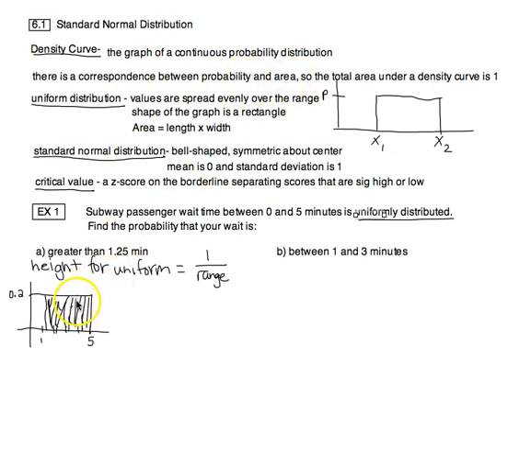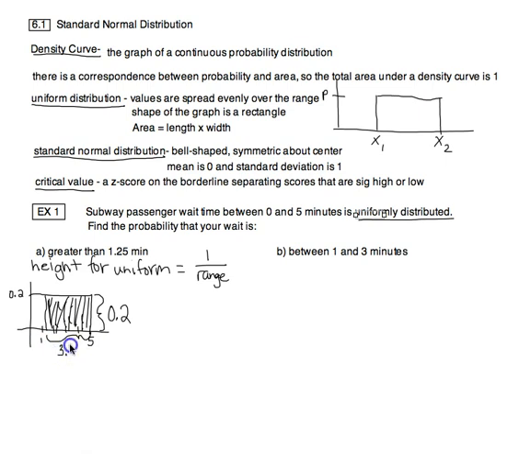So what I need to do then is to just use the area equals length times width. So probability equals length times width. So length is going to be from here to here. Width is going to be from here to here, which we can clearly see that one is 0.2. So from 1.25 to 5 then is a length of 3.75.